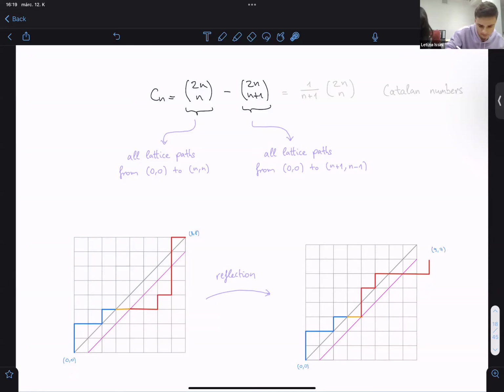So the statement is that for the set of bad paths, there's an explicit bijection to the set of all shortest lattice paths from (0, 0) to (n plus 1, n minus 1). And this bijection is given quite explicitly for these paths by reflecting the part of the path after touching this pink line to the pink line.